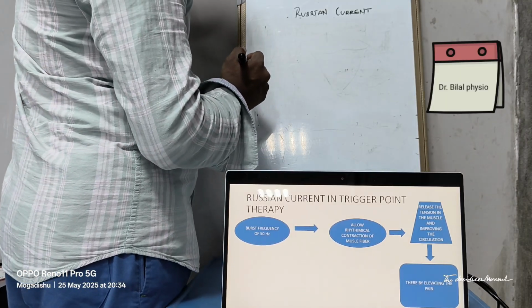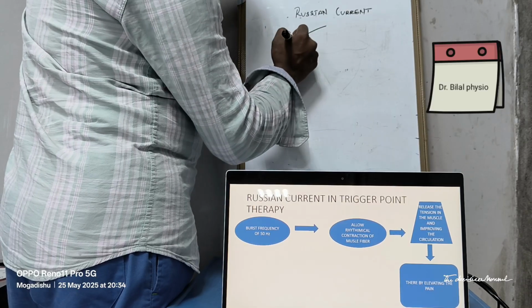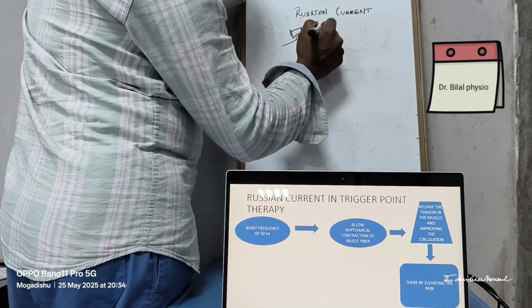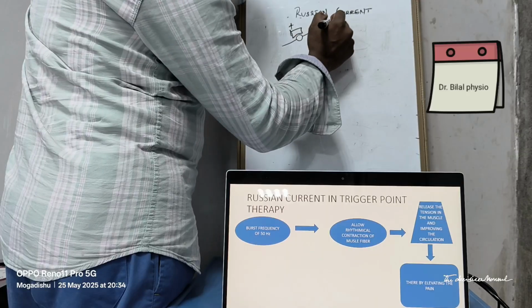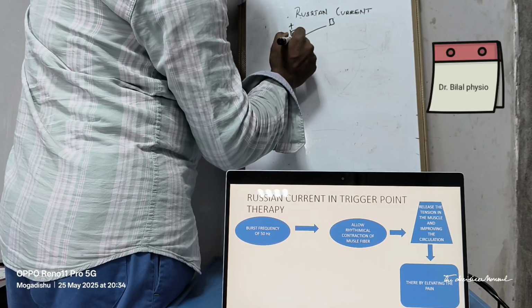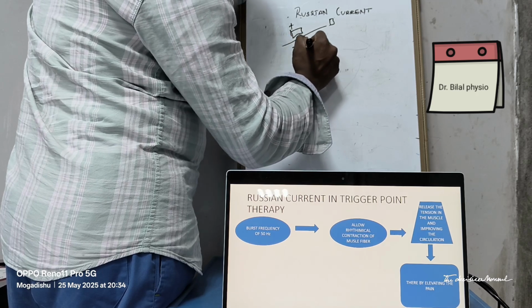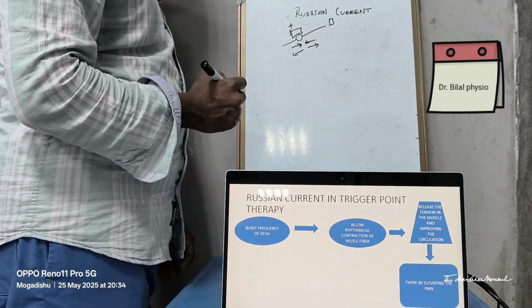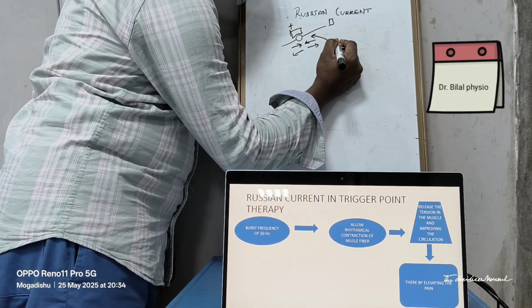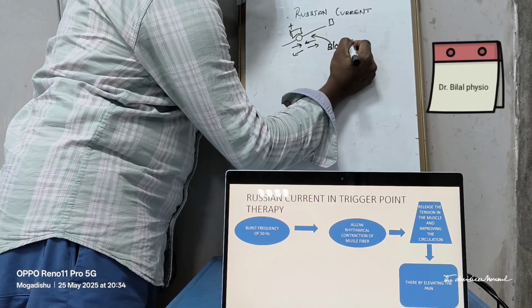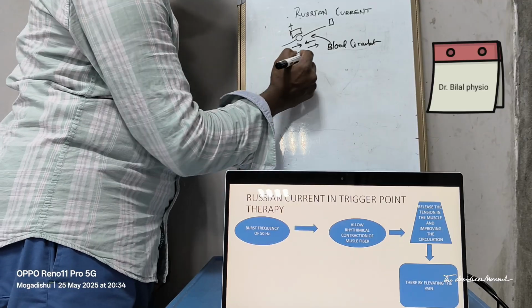When we find trigger points, we place the electrode directly over the taut bands, mostly the positive over the taut area and the negative at some other place. It causes the muscle to contract and relax, so it improves the blood circulation, and this will help to alleviate the pain.